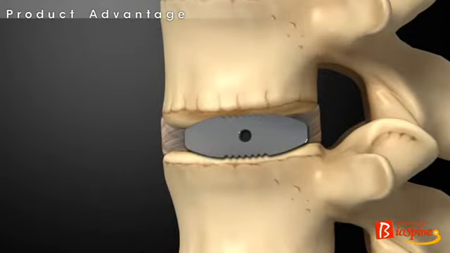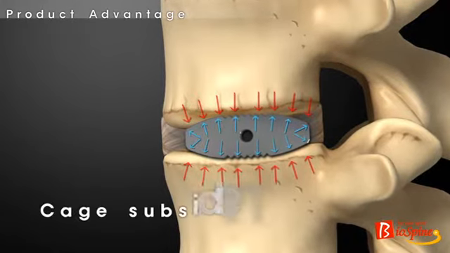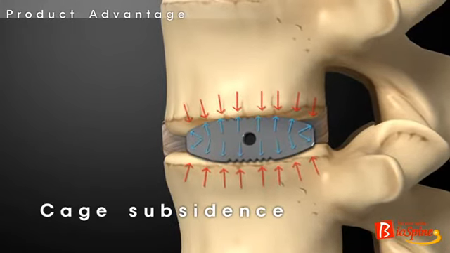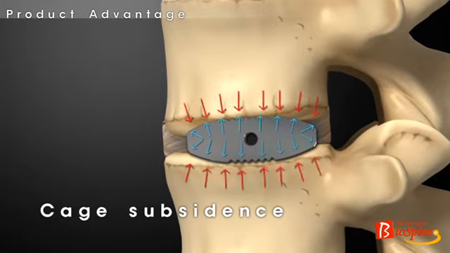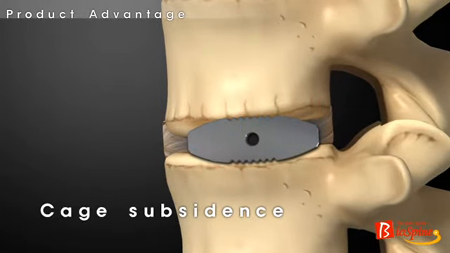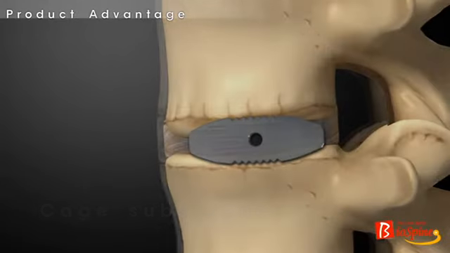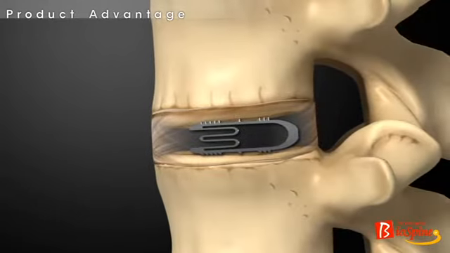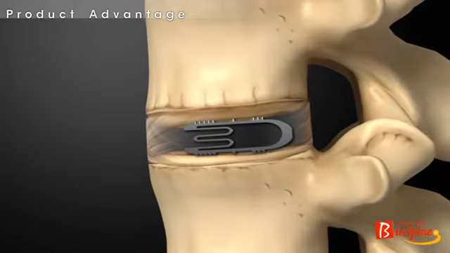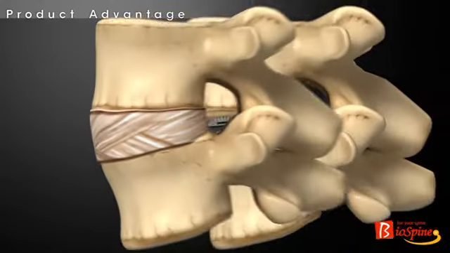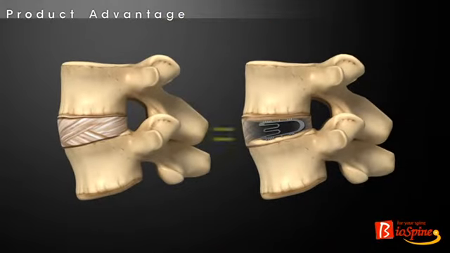As another advantage of the flexible cage system, we can prevent cage subsidence. It is one of the most important and frequent side effects of traditional cages, so most reoperation or revision regarding cages has been mainly caused by cage subsidence. However, the flexible cage system has an elastic modulus very similar to that of the normal intervertebral disc and end plate of the vertebral body, compared to traditional cages.